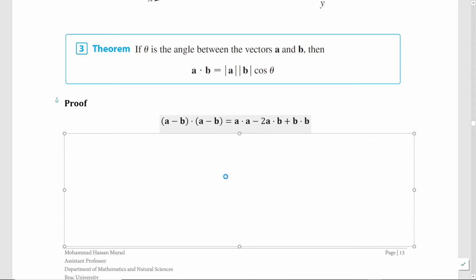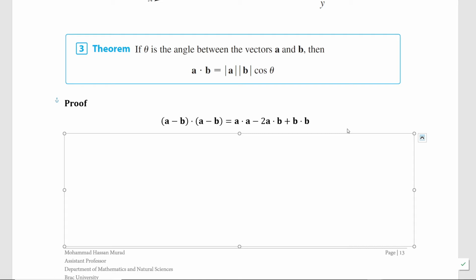We start the proof with the statement that the dot product of the vector A minus B with itself is simply this. We obtained this by applying the properties of the dot product, namely the distributive property.